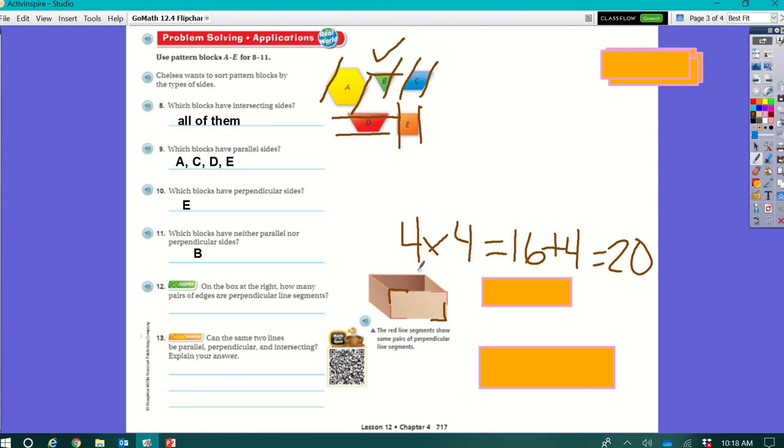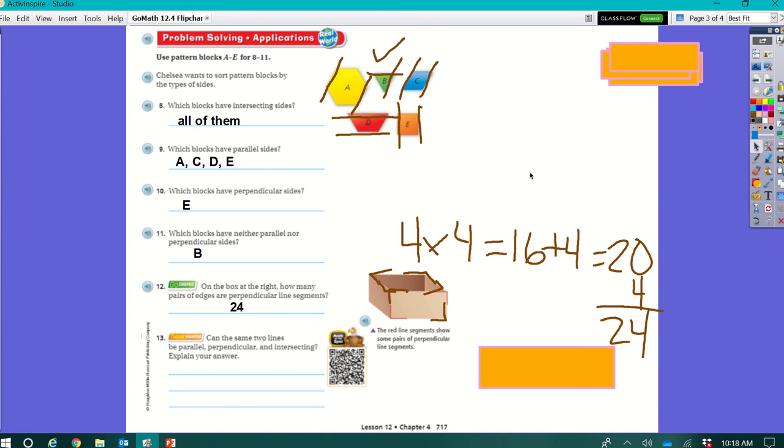You also have the top. Look, where this side meets this side meets this side, and this side. So at the top there are 1, 2, 3, 4 more angles. So now I had to add 4 to 20, and the total amount of angles that make perpendicular lines was 24.